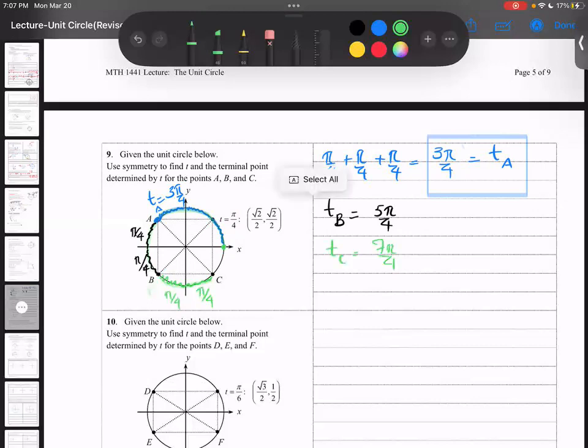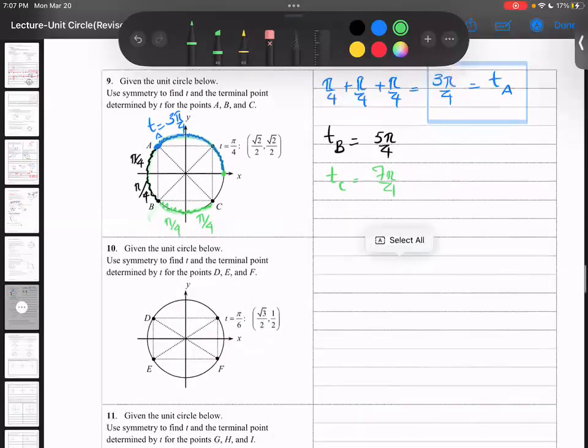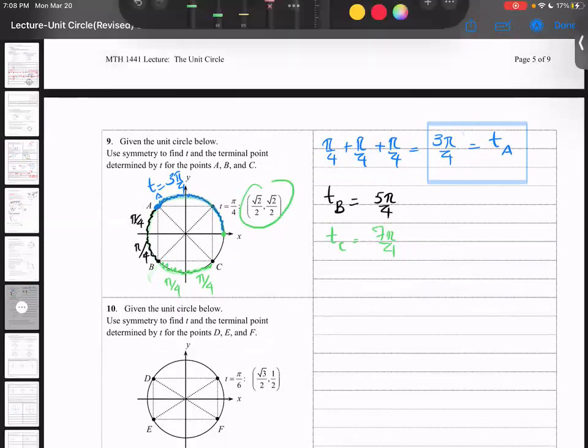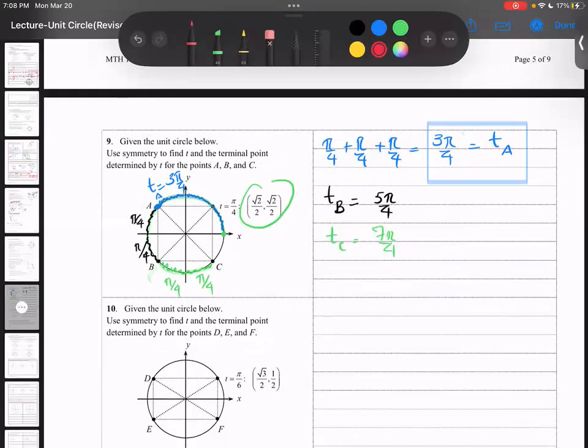Now, there's more than one way to explain this problem. I think in my notes, I put it differently. If you start out at t equal pi over 4, the point is root 2 over 2, root 2 over 2. By symmetry, for A, x is going to be negative because it's on the left-hand side of the origin.